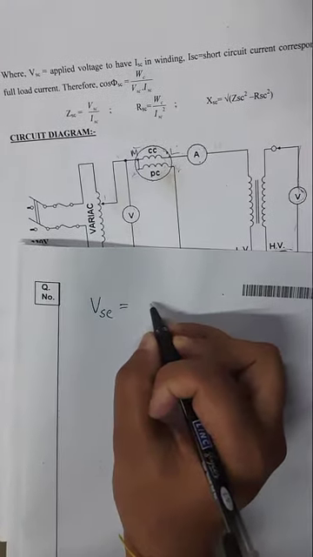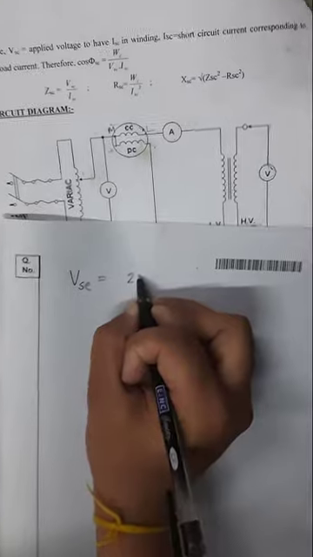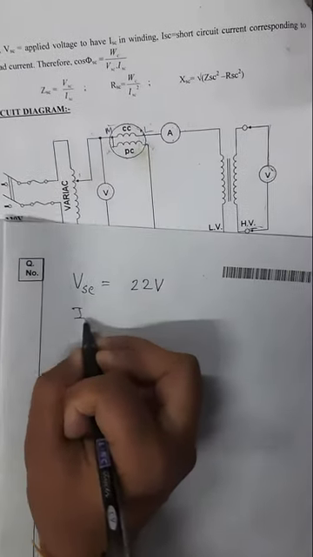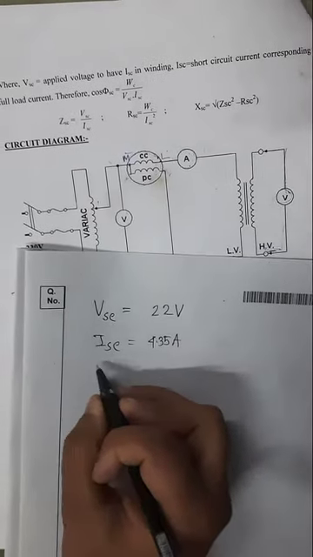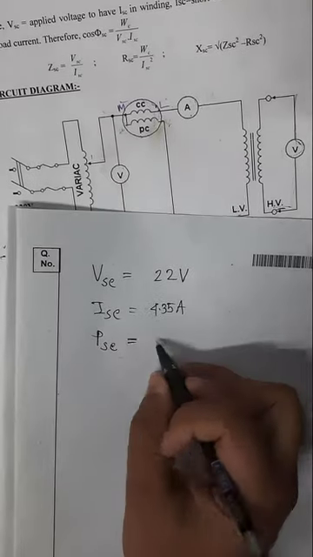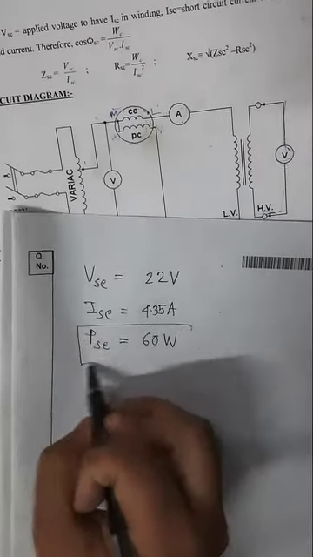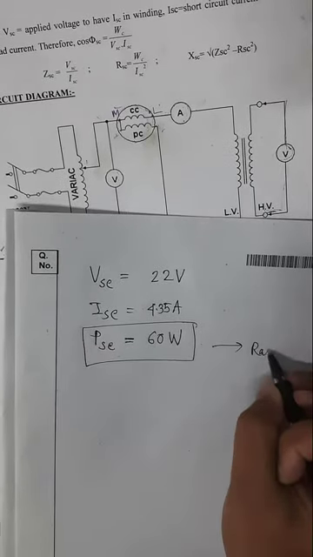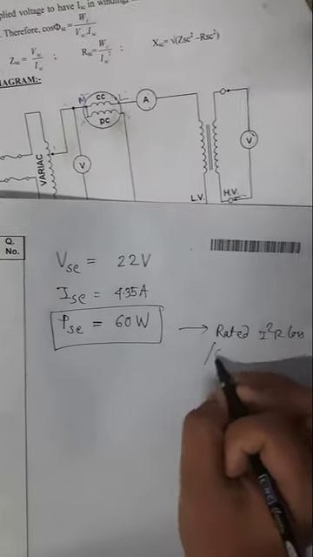So we have the short circuit voltage, that is 6 to 12%: short circuit voltage 22 volt, short circuit current 4.35 ampere, and short circuit power, the wattmeter reading, that is the copper loss, 60 watt. This is our rated copper loss, rated I square R loss or ohmic loss.